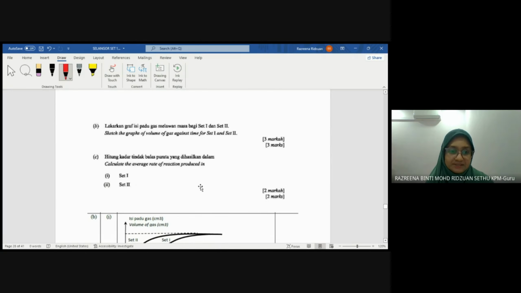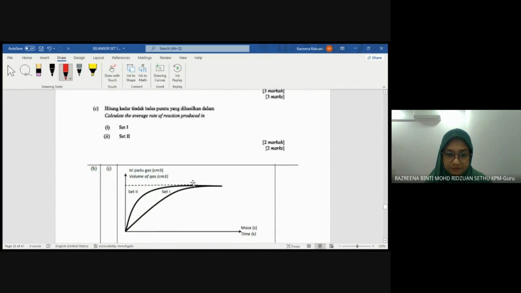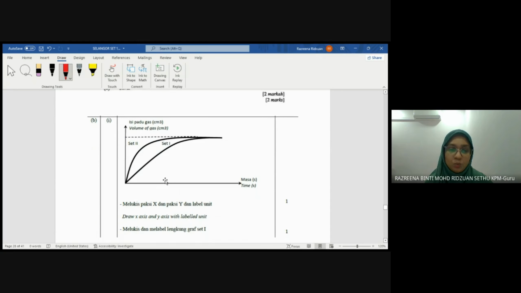Next, question B. Sketch the graph of volume of gas against time for set 1 and set 2. And then C, you have to calculate the average rate of reaction for set 1 and set 2. Let's look at the graph. Both will end up at the same line here because both are using the same concentration. Because of that, you know that set 2 has a higher rate because it is using catalyst.